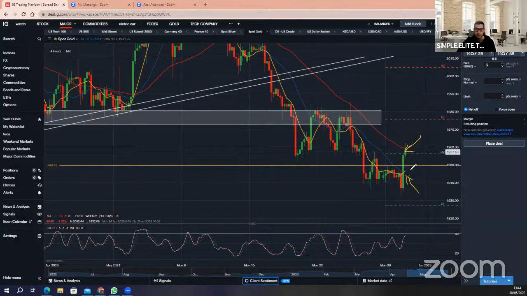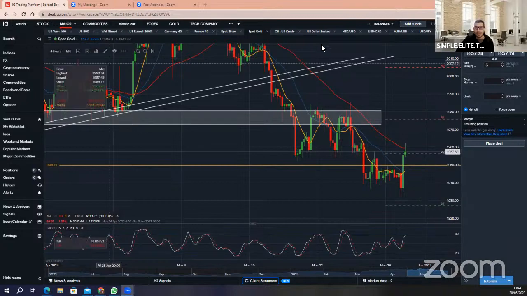So let's see if price gets below 1,950 again. If price gets below 1,950 and heads here, I will be checking the price action, the right price action, to short the gold. But until then, I'm going to sit on my hands.